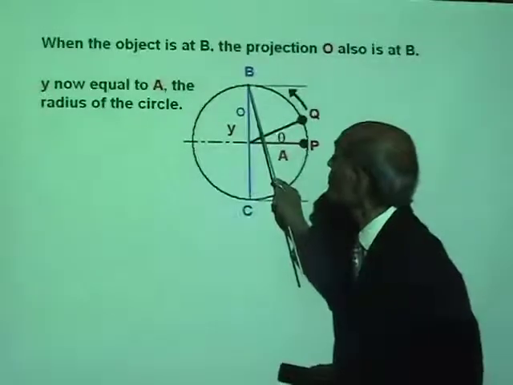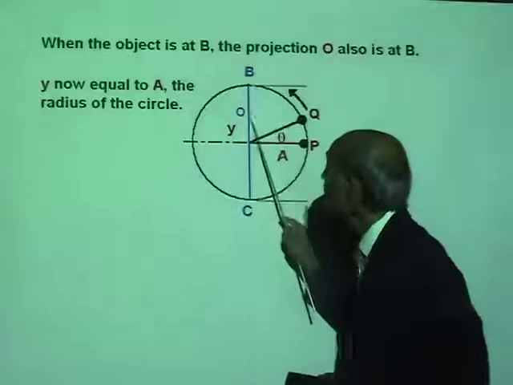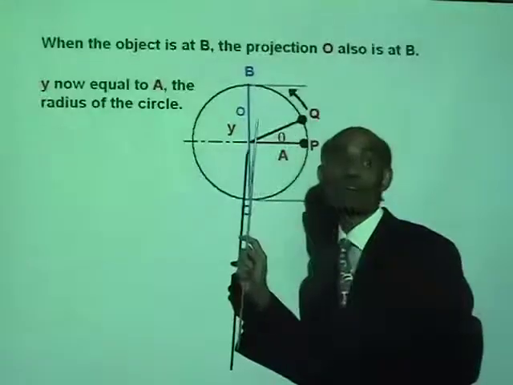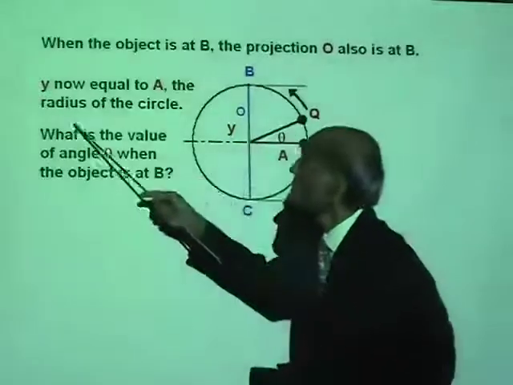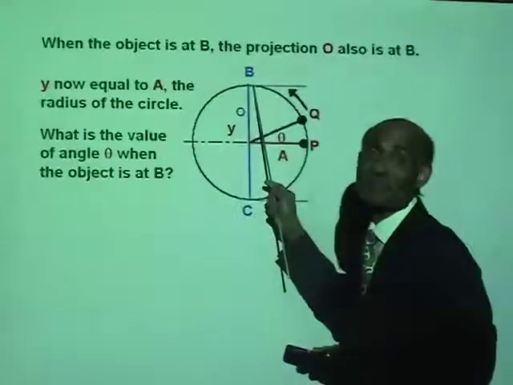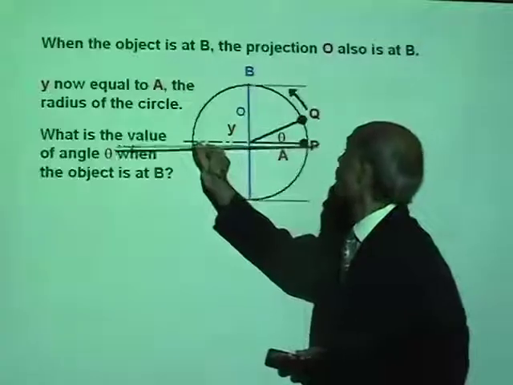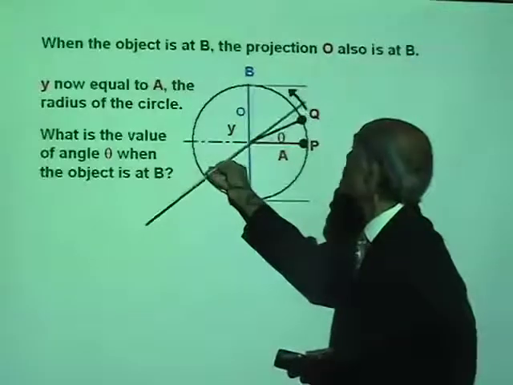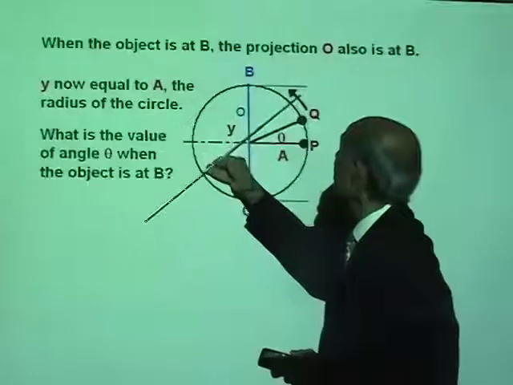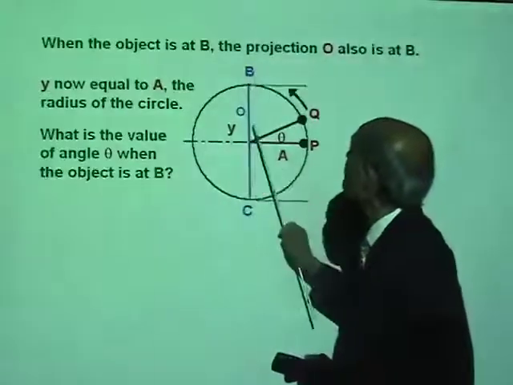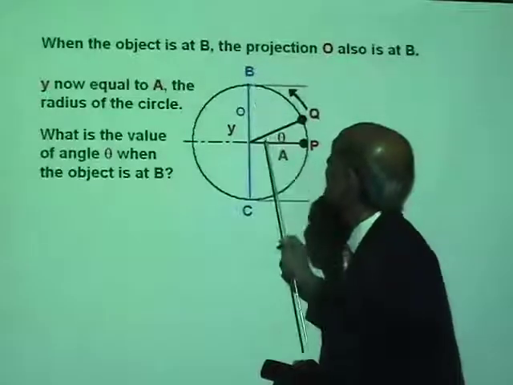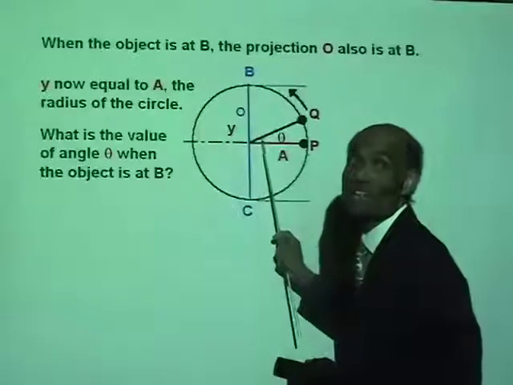What is the value of theta when the object is at B? As the object moves from P to Q to B, the angle theta increases. It will be pi by 2, 90 degrees.